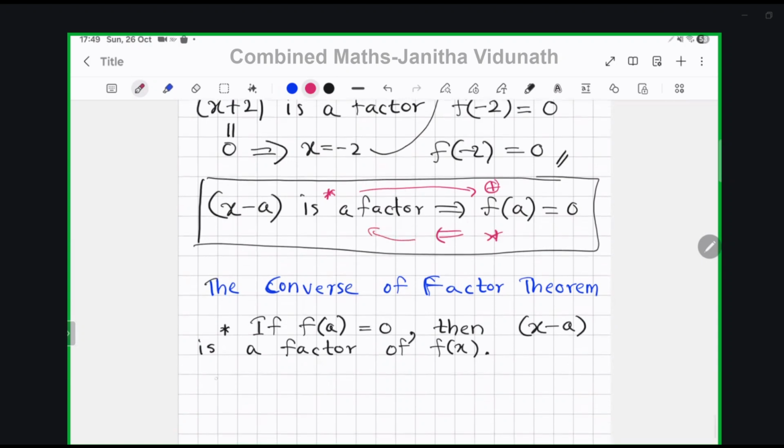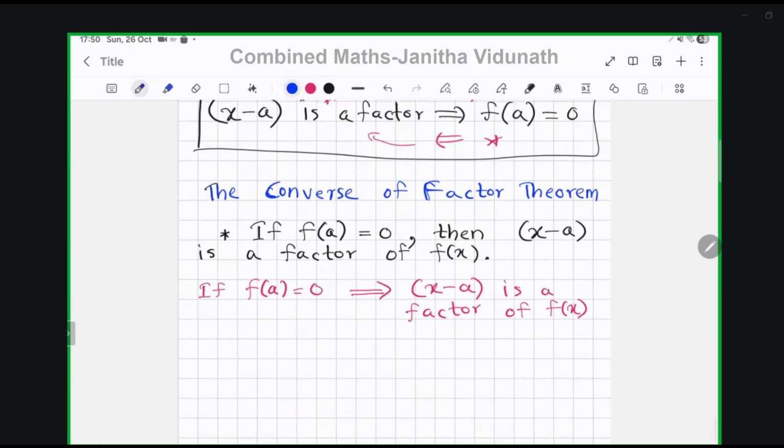That means if f(a) equal to 0, then we say x minus a is a factor of f(x). In the factor theorem, we go from left hand side to right hand side, but in the converse, we come back from right hand side to left hand side. If you cannot understand this, first I will give some examples.